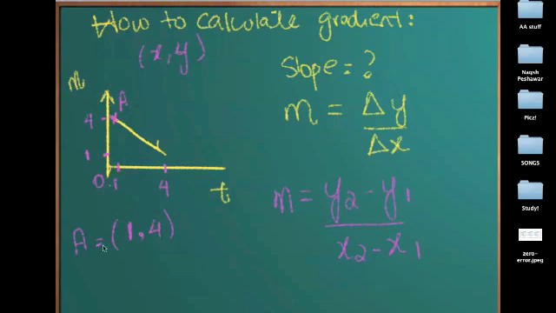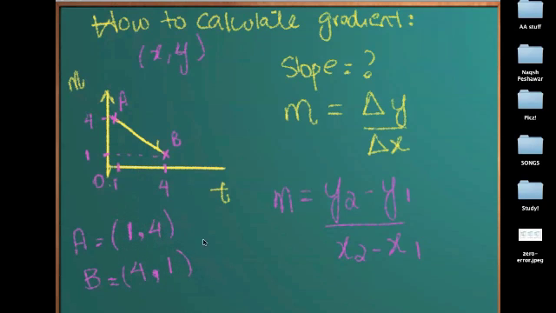So this is point A. Let's talk about this point. This point B has a coordinate of 4 on the x-axis and 1 on the y-axis.